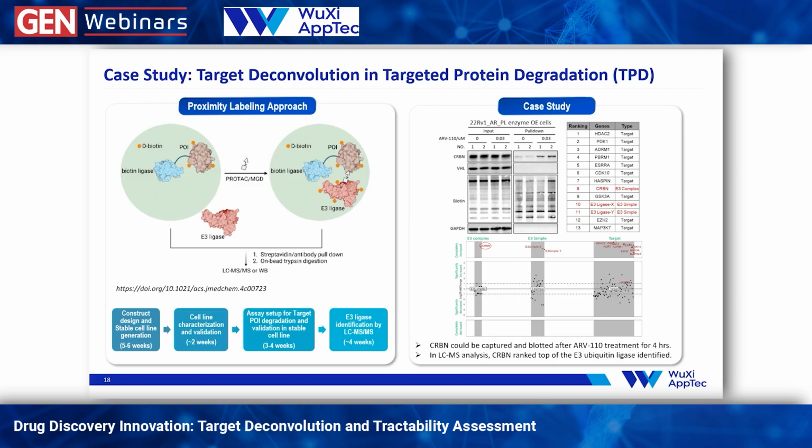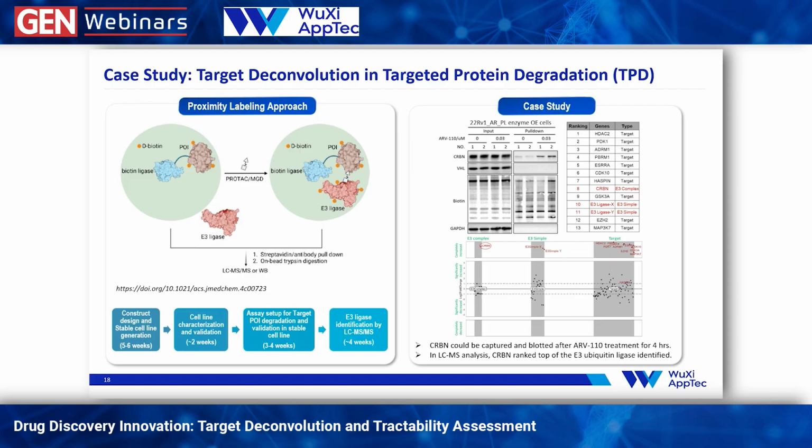On the right is a case study where we use a reference compound called ARV110 to see how this technology works. First of all, we identified a very significant cereblon enrichment, which is what we expect. We also identified several proteins that were highly enriched, which can be identified as the POI's natural binding partners, which means they are going to get close to the POI no matter whether there's a glue or PROTAC or not.